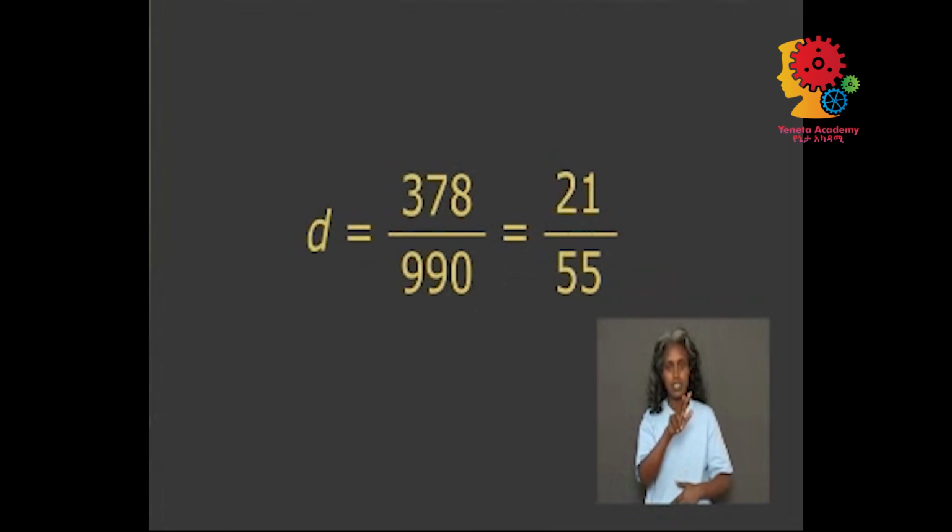Our answer is 378 over 990. This can be simplified to 21 over 55.